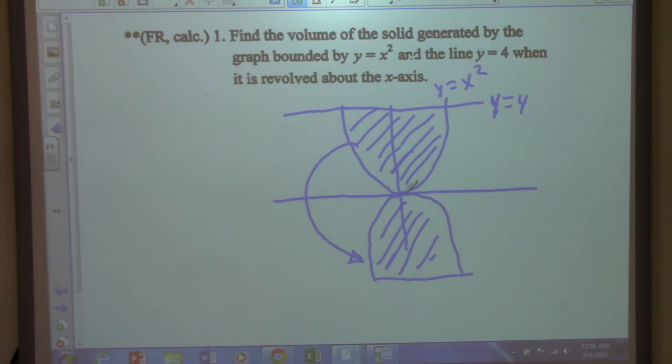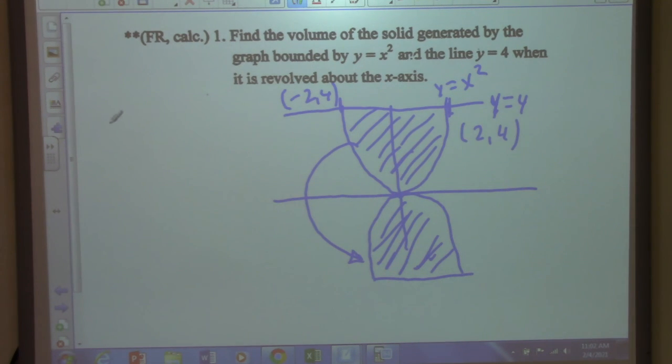So it'll be narrowly connected right here at the origin. What are the intersection points here? So we have -2, 4 here, and we have 2, 4 here.